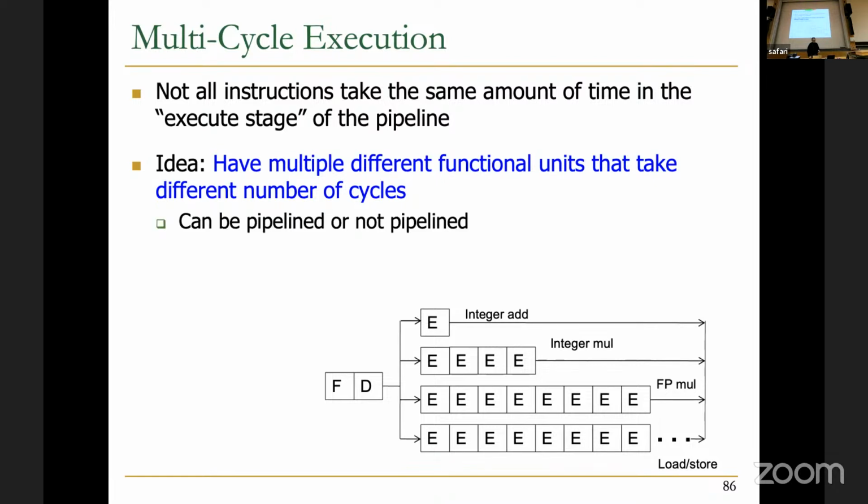These stages can be pipelined or not pipelined. In reality, we usually pipeline them, because it doesn't make sense otherwise. Imagine that you have only these 2 instructions. If you don't pipeline them, you always need to wait 4 cycles, the latency of, let's say, 4 cycles, even for the addition.